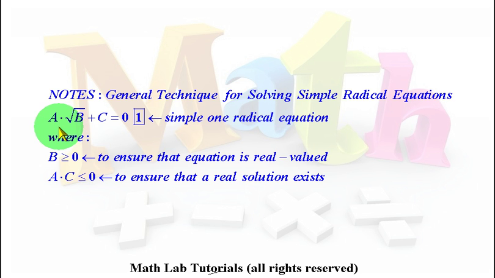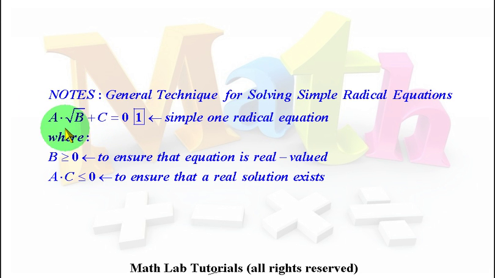Now normally we assume that a and c do not contain square roots, so a and c are radical free, and the only square root appearing is that square root of b. We'll also assume that a is an expression containing a single variable, b is another expression containing a single variable, and c is a third expression containing a single variable.